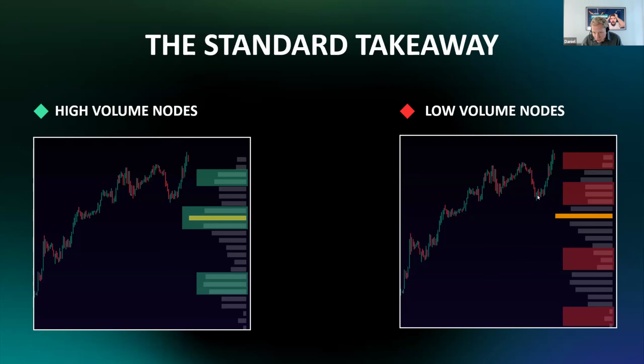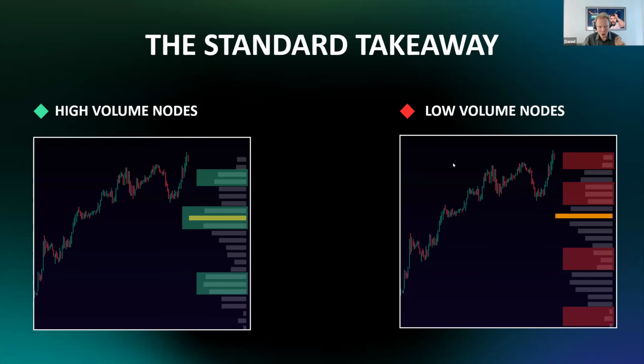It seems to not move too much once it's in such an area because it's very much contested. Whereas in areas where there's little volume, like these ones here, we're going to have lots of examples of this, price tends to pace through it, accelerate through it, and move through these areas very quickly. So you can kind of predict to some degree how much volatility and how much price move is to be expected. Keep this in mind.